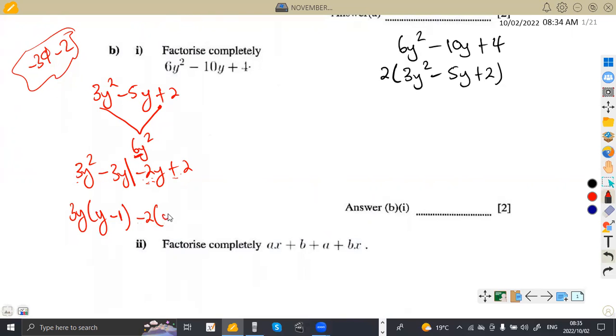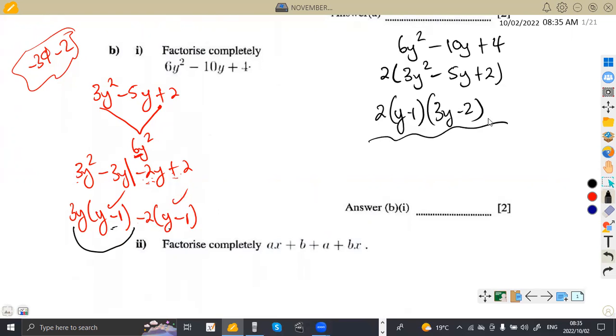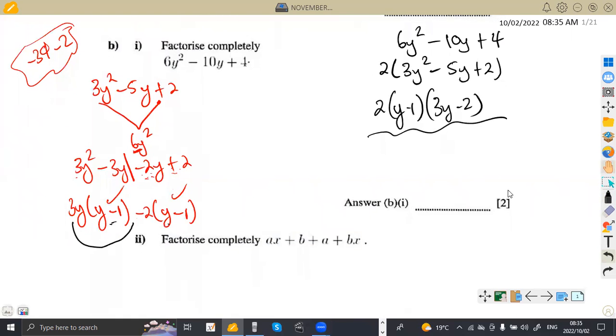Negative and negative becomes a positive. 2 divided by -2, that is -1. So that means we've got the brackets, which are the same. Therefore, you're going to have 2 into y minus 1, then here we are remaining with 3y minus 2. So that was the consideration of the question. As you can see, it's a little bit direct. Just a matter of revision, guys.